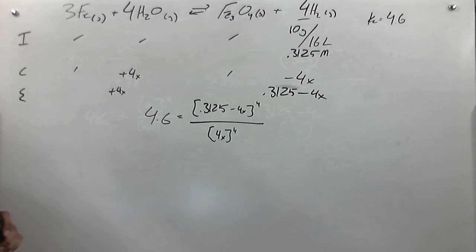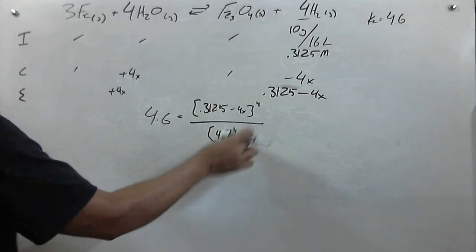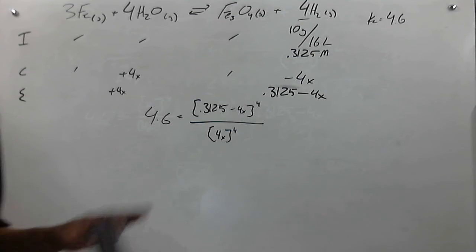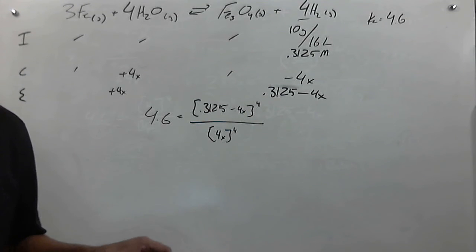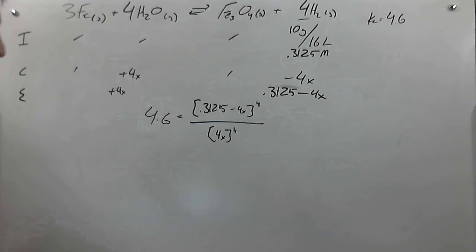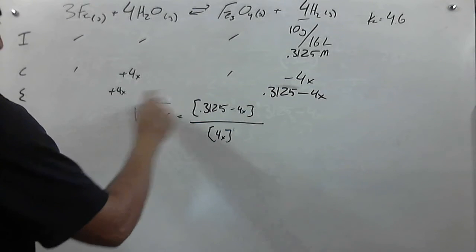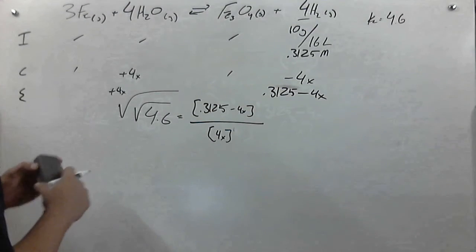So if we have the 4th power, we can technically take the 4th root of everything. To do that, you can do the square root and then the square root again. That's how you do it in a calculator. So let's just go ahead and express that. If we did that, we'd get rid of these 4s, because we take the square root and the square root of these guys.